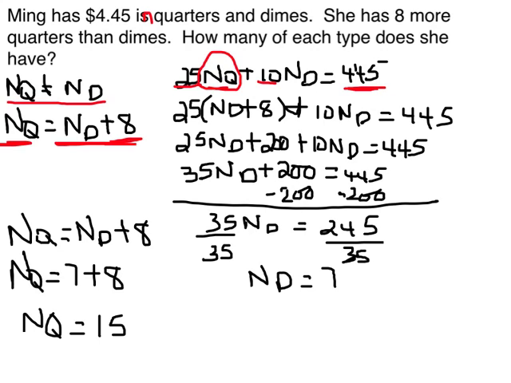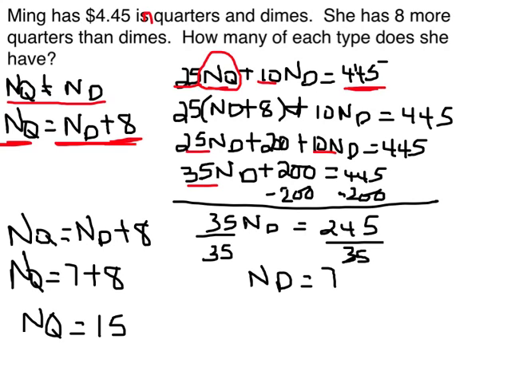Combine my like terms and I get 25 plus 10 is 35 ND plus 200 is 445. Subtract 200 from both sides, and I end up with 35 ND equals 245. When I divide both sides by 35, I find out that the number of dimes is 7.